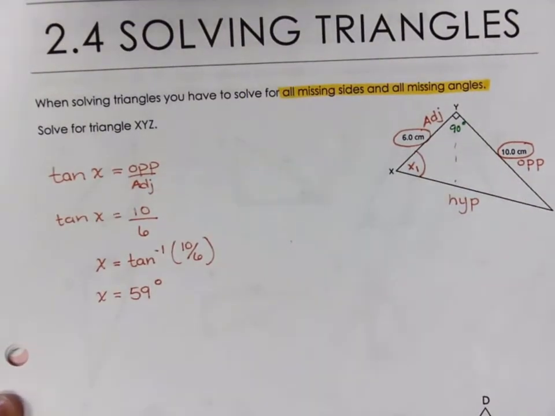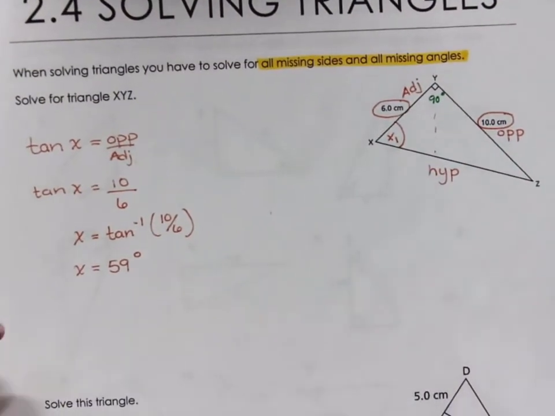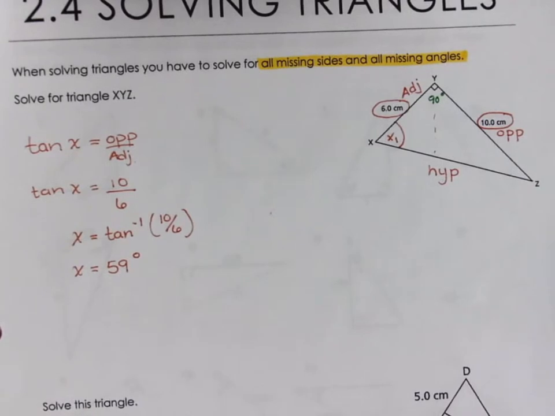Okay, so that's pretty easy, straightforward, but I haven't solved the triangle yet. I've solved for one angle. Good thing is we know the rule of 180. Or maybe you don't know the rule of 180. I'll say it again.